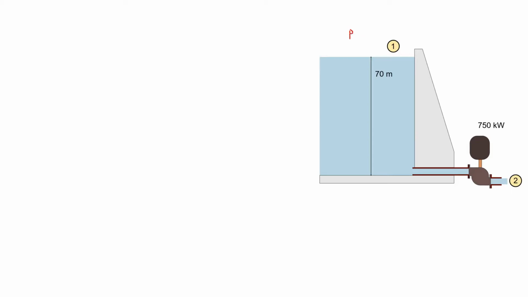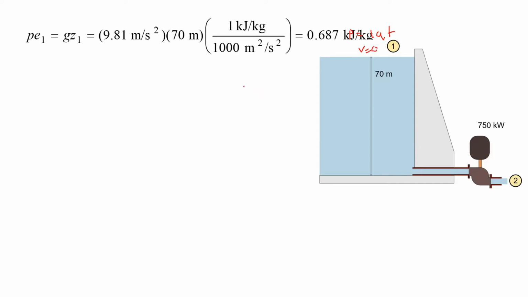So the pressure energy part and the kinetic energy part are going to be 0 for point 1. However, you have potential energy because we are considering the bottom of the reservoir as the reference point. So we can calculate the potential energy at the top of the reservoir.